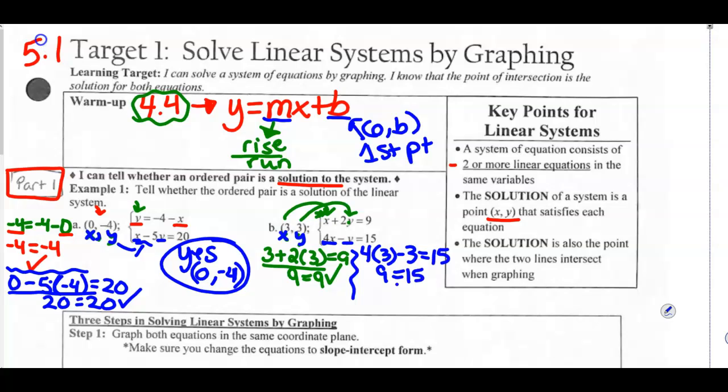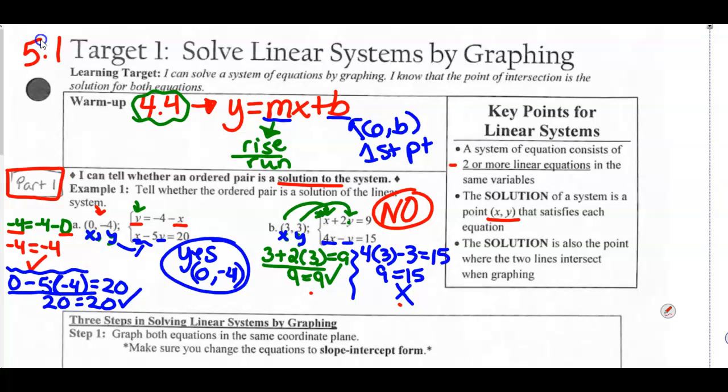That is not true. So what that means is this is a no. It's not a solution because both of these are not true. It has to be true for both equations. So that's our first part of the learning target. I call it part 1. If I give you an ordered pair, can you plug in numbers and tell me, is that solution point part of the system?